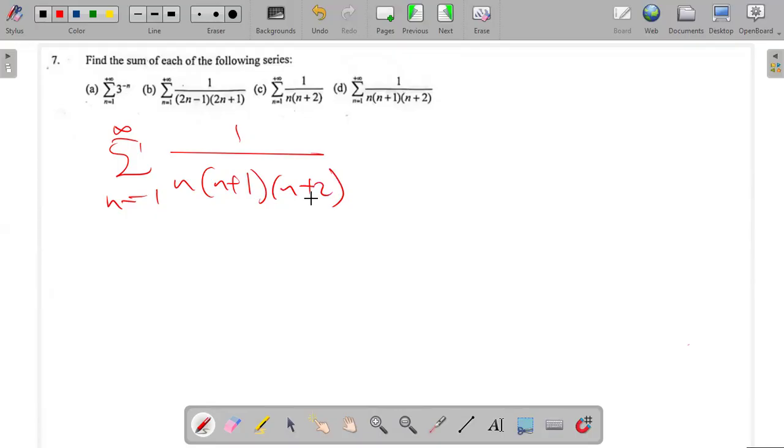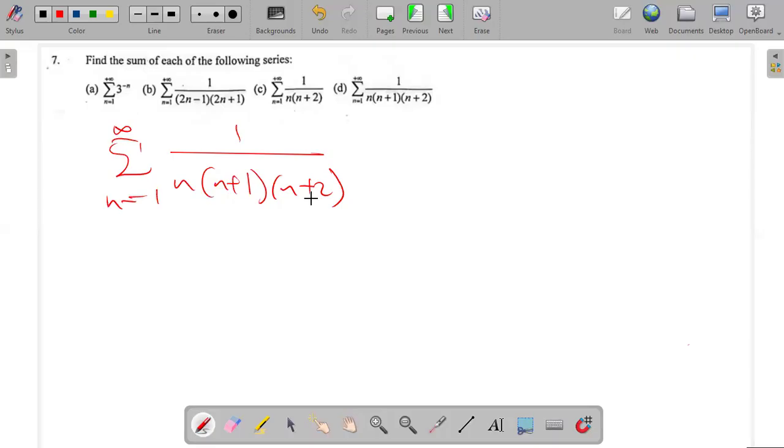Yet again, we're going to work in a similar fashion, where we decompose it, expressing it into partial fractions. What is convenient is to express this as a difference of two simpler telescoping terms.